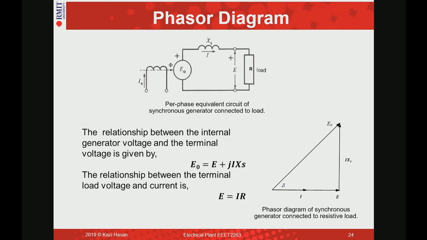These are easy. There is nothing to do with electrical plant or synchronous machine. You have learned this in your first year in circuit theory. Your voltage E naught will be your terminal voltage E plus the voltage drop in the synchronous reactance. And your terminal voltage is actually IR. So these two equations come from your circuit theory knowledge.